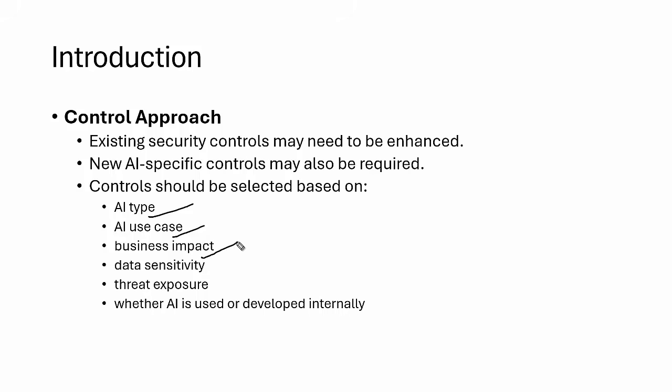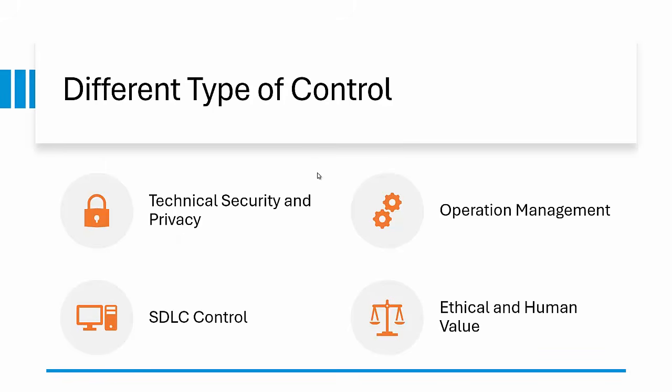We also need to check the business impact, how it impacts data sensitivity and threat exposures. All those things have to be done. That is why in AI security, we talk about four types of controls: technical controls, operation management controls, SDLC controls, and ethical and human value controls. That's something we need to understand.